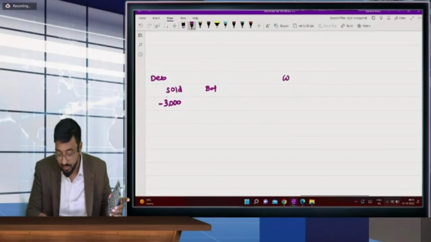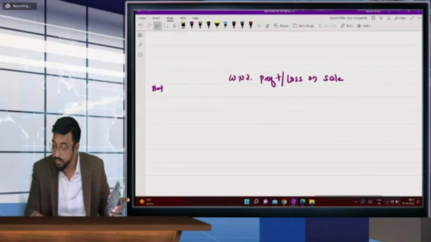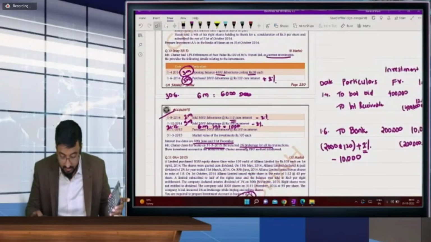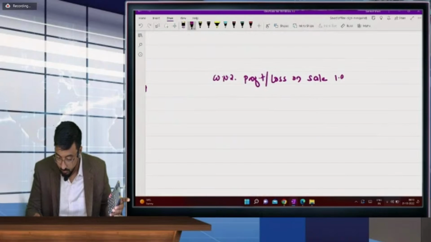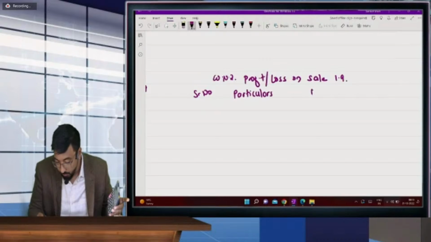After 3 lines, write down working note 2. Profit or loss on sale. When you sold it, beta. 1st September. Serial number. Particulars. Computation. Rupees.